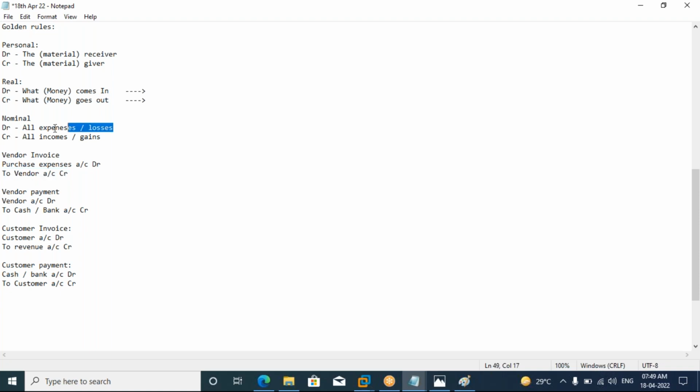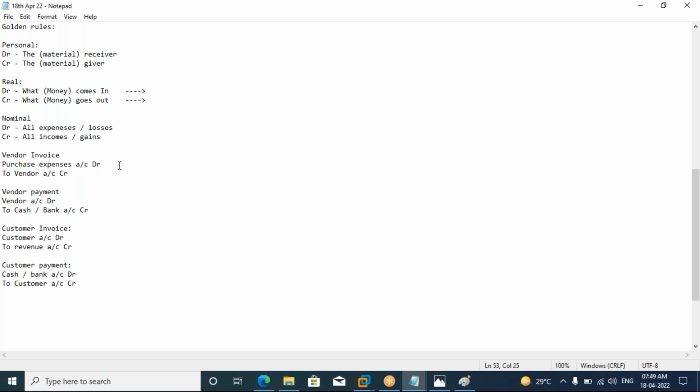And all expenses are debit, all incomes are credit. Incomes are revenues. And for payments, what comes in, what goes out? Comes in means from the customer, the money is coming. To the vendor, money is going out. My cash balance or bank balance will be decreased. So you need to remember money.